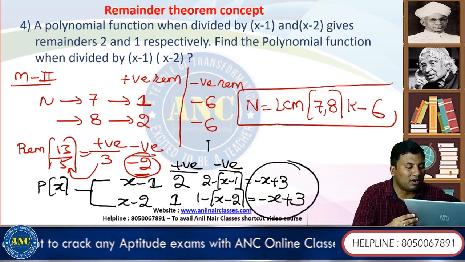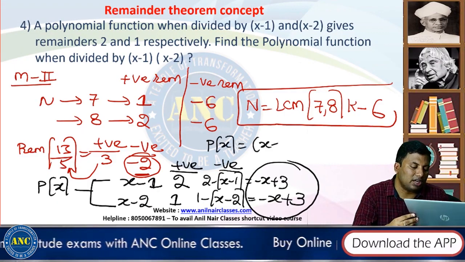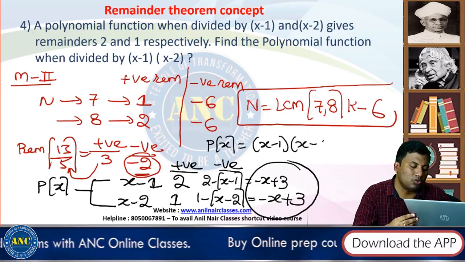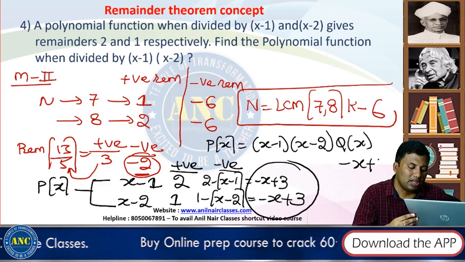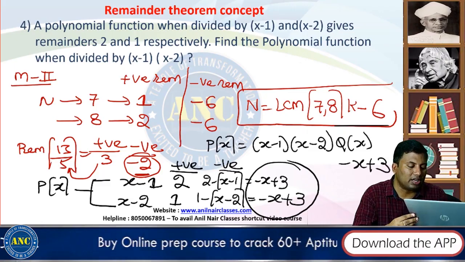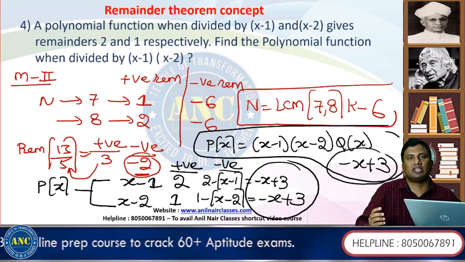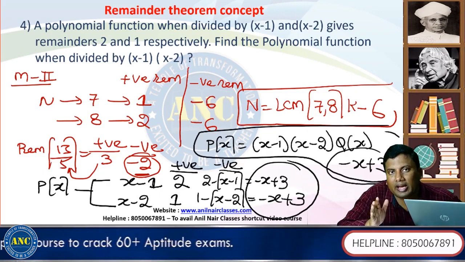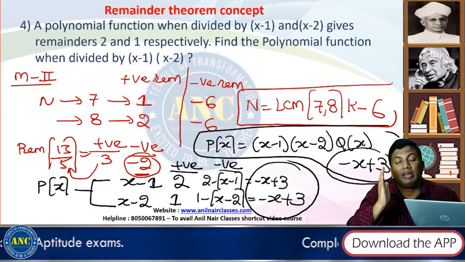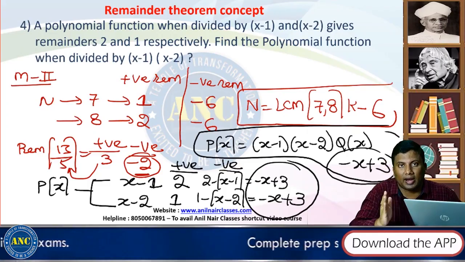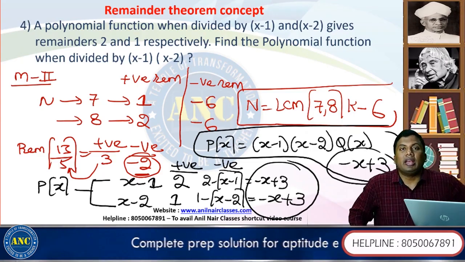What will be the form of p of x? P of x is nothing but x minus 1 into x minus 2 into q of x minus x plus 3. This is exactly what we got, which is the polynomial function. If I want the remainder, it is minus x plus 3. What you are doing in number system, when the negative remainders are same, the same thing can also be applied in algebra.